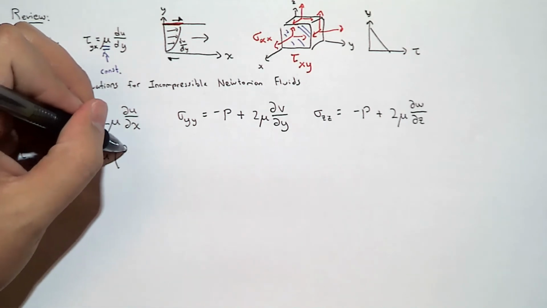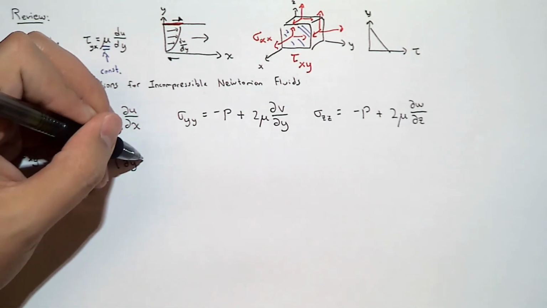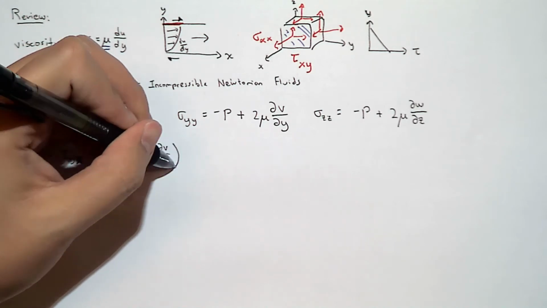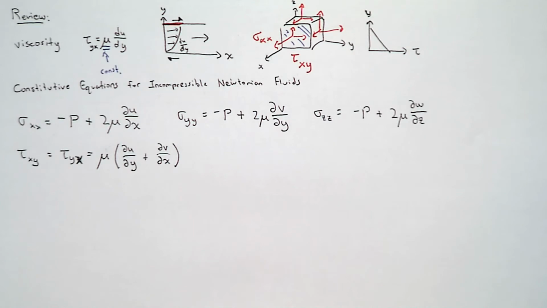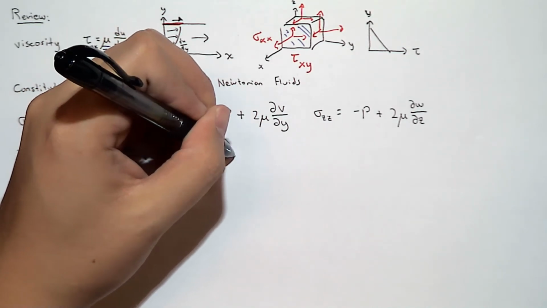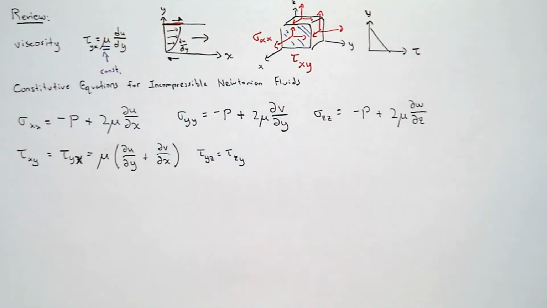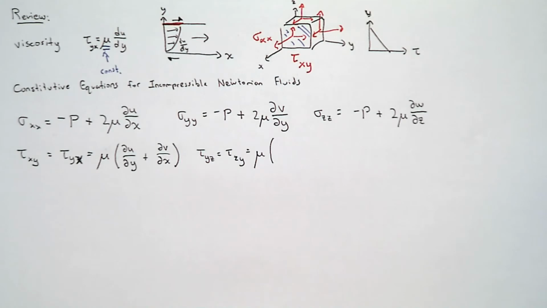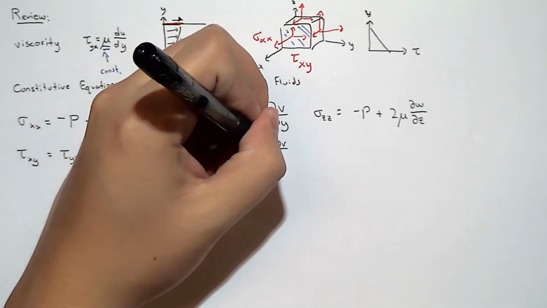And then we will have this tangential velocity gradient. In the case of tau yz, which is also equal to tau zy, we're going to have the viscous term and then the tangential velocity gradient.